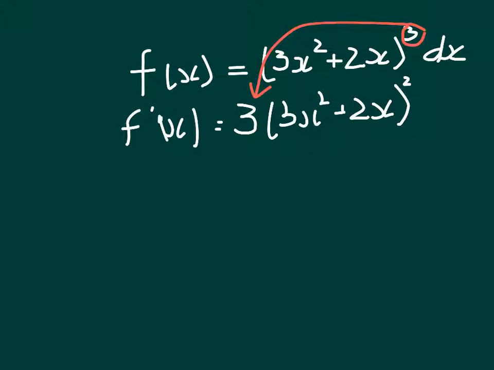And then after we've done that, we differentiate what's inside our brackets. So that's going to be all of that times, and I'm just going to write it underneath because I'm running out of space, 6x plus 2.